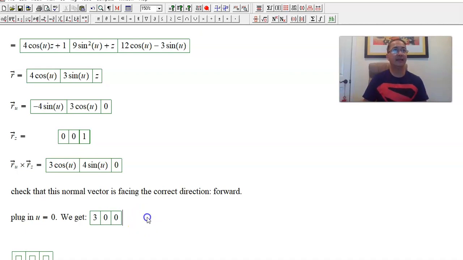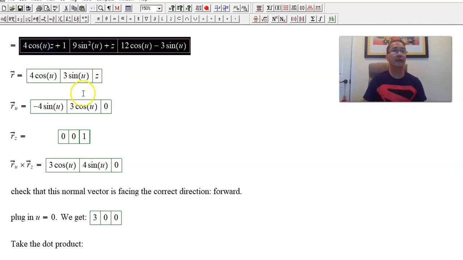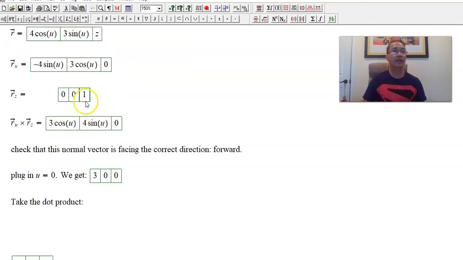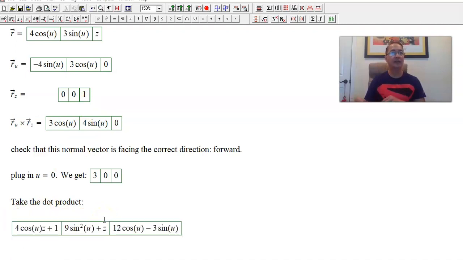Okay, excellent. And now we are going to take the dot product. So we have our vector field here with u and z plugged in. Nothing to plug in for z. So we take this and we dot it with our cross product, which is over here.